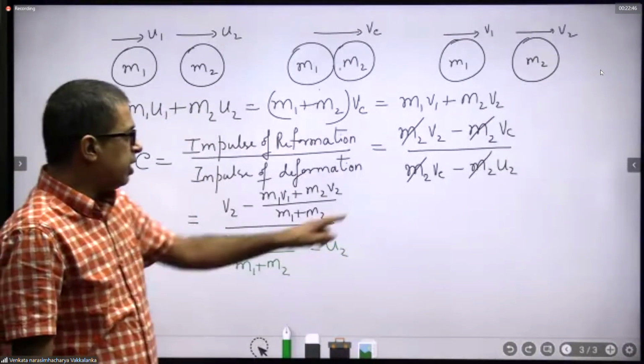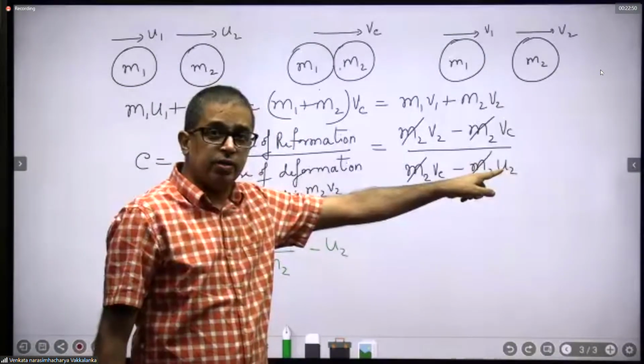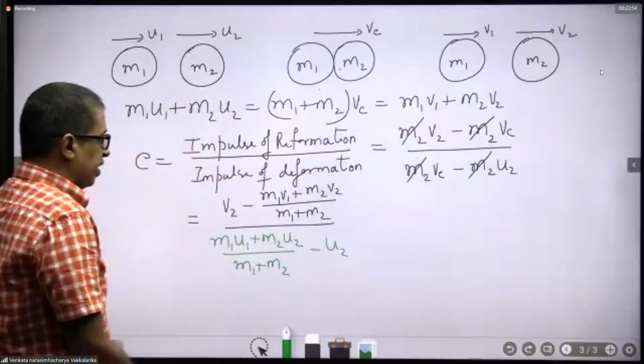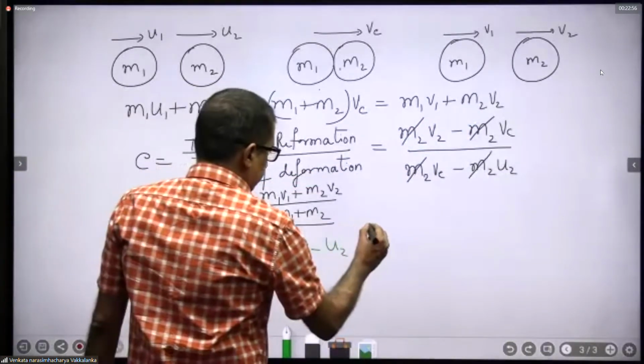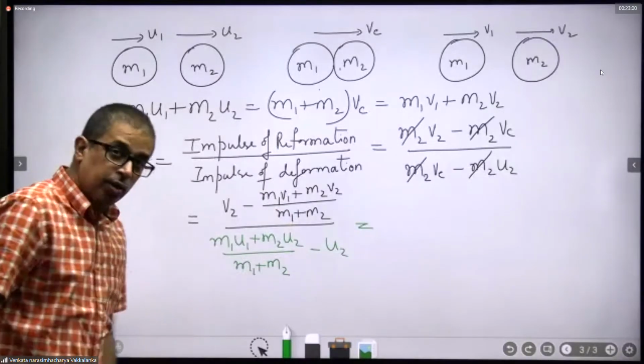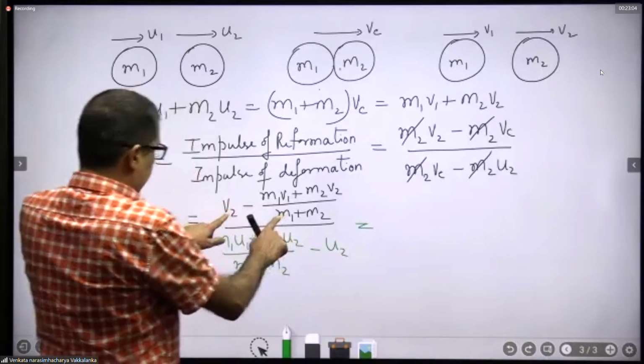In the numerator, I need to get it in terms of V1 and V2. Take LCM. This M1 plus M2 in the denominator will get cancelled out. Agreed? Yes, sir.